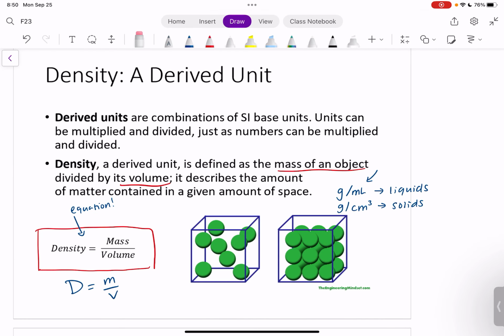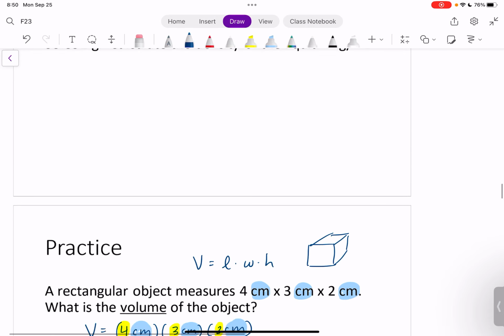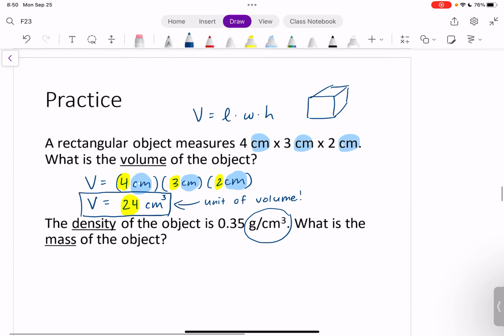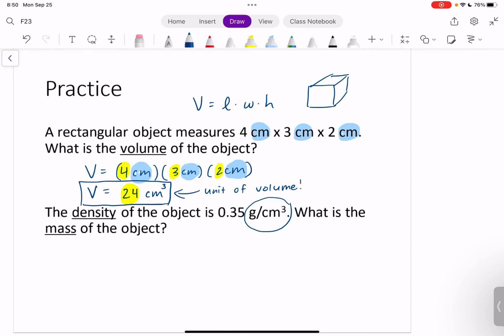So that's easy for liquids. And for solids, if I try to put that solid rectangle into a beaker and measure how much volume it takes up, I'm not going to be very successful, right? So that's the reason that we report our answer in grams per centimeters cubed for solids, usually.